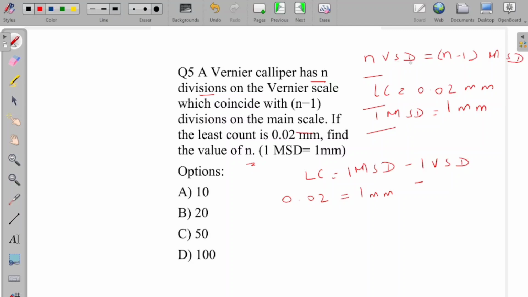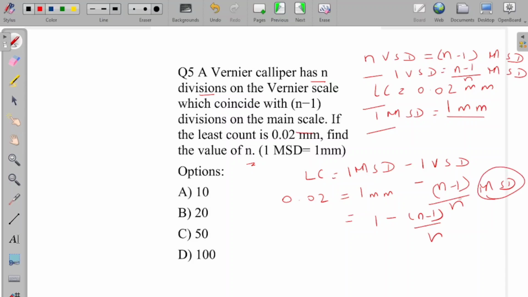In order to find 1 VSD, we will use this. 1 VSD is equal to n minus 1 upon n MSD, right? So minus n minus 1 upon n MSD. In place of MSD we can write 1 millimeter. So this will be 1 minus n minus 1 upon n, into 1 millimeter.